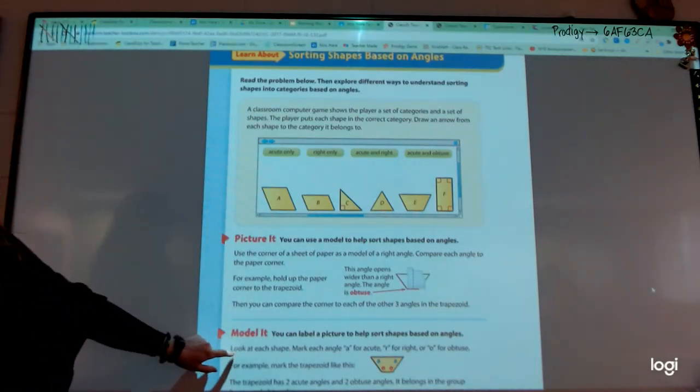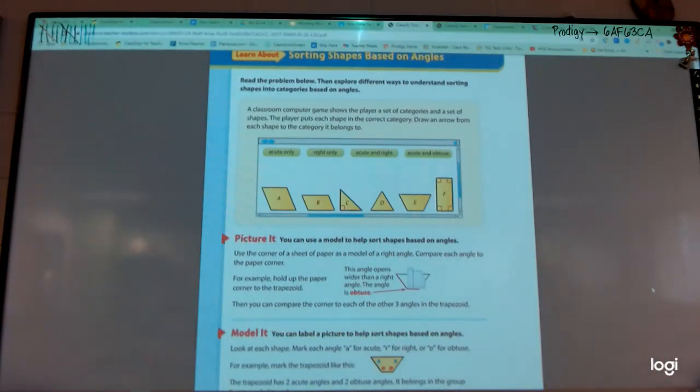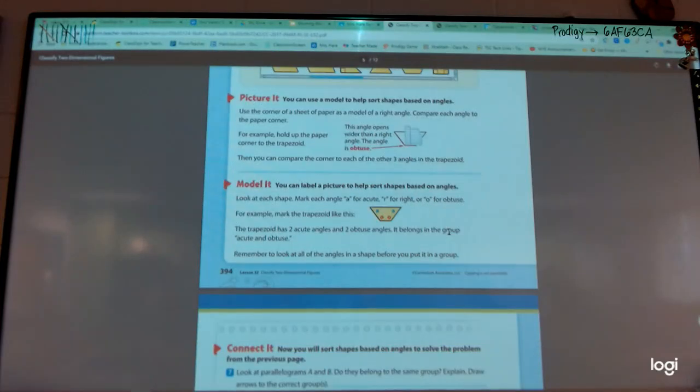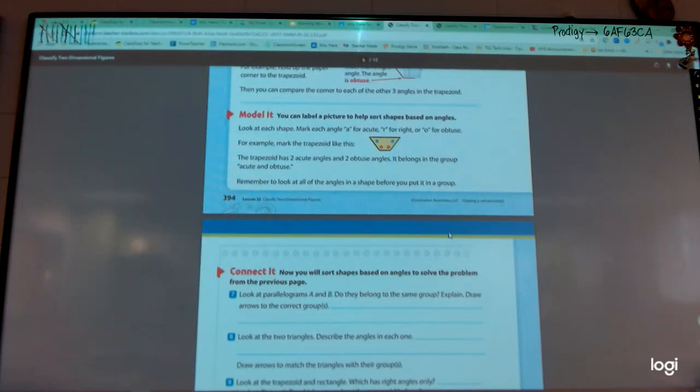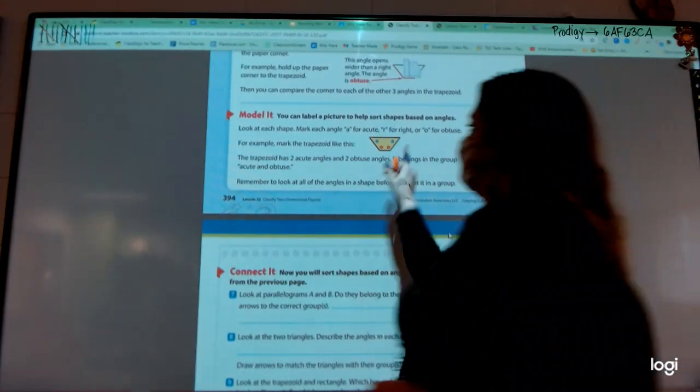Okay, another way to do it, and this is the way I like the best. This is the way I recommend, because sometimes it takes a while to get a piece of paper and check everything.